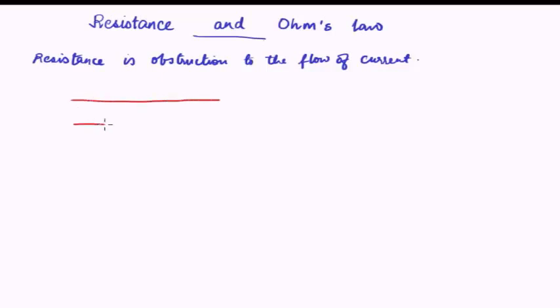A current carrying wire will have positively charged ions which are not free to move, but they are dispersed throughout. I will just draw a few of them, and negatively charged electrons which are free to move, right?